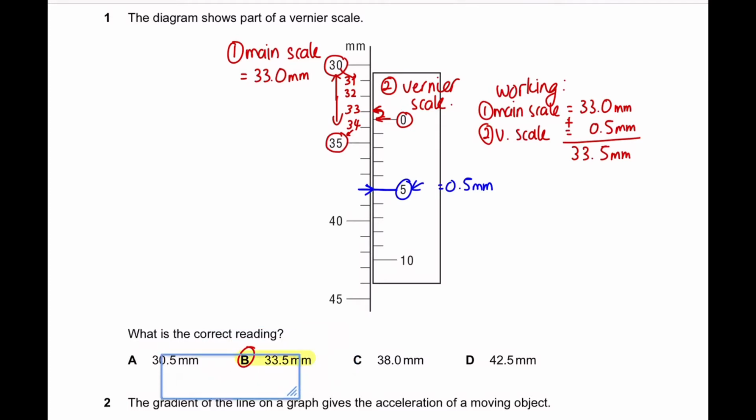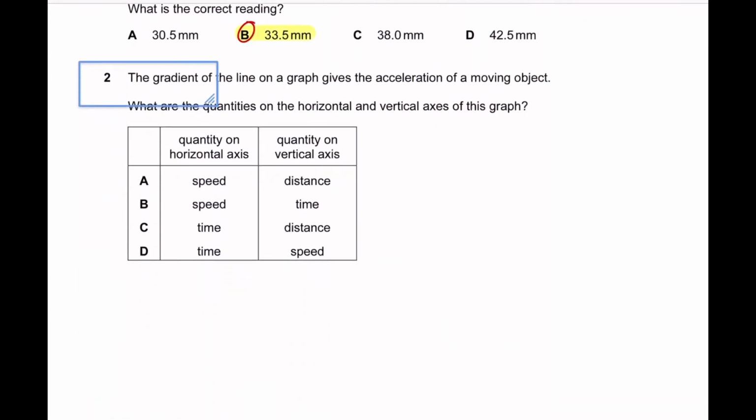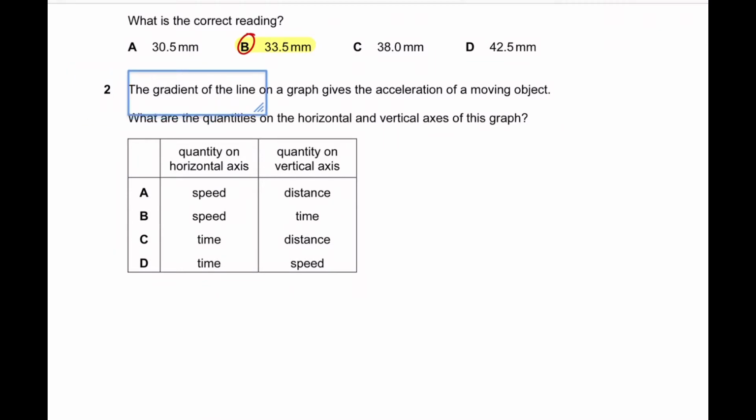Next, on to question 2. The gradient of the line on a graph gives the acceleration of a moving object. What are the quantities on the horizontal and vertical axis of this graph? So we can see here there's ABCD with quantity of the horizontal axis and vertical axis.